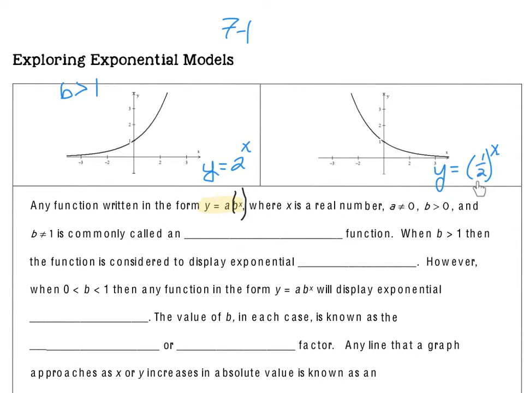And if your base b is some number between 0 and 1, so a fraction less than 1, you will have what's called exponential decay. You'll start high and go low. So let's write those on here. This is growth, and this is decay.